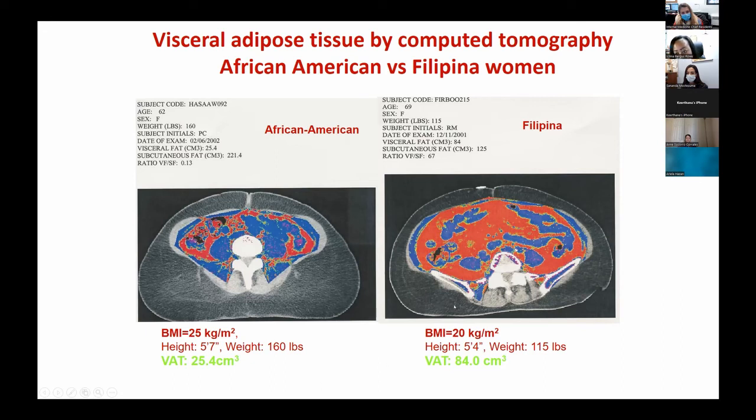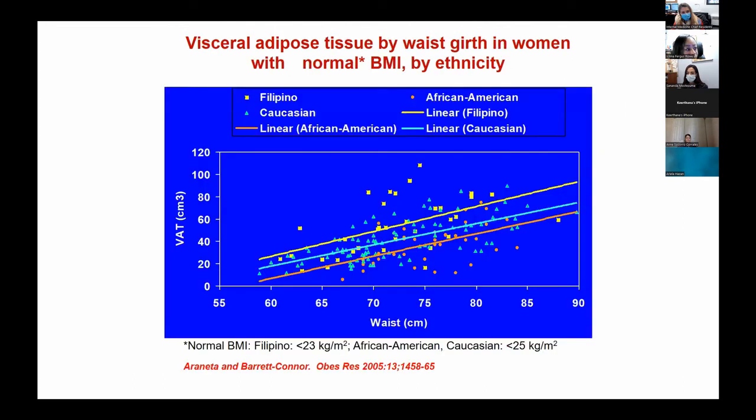And when you look at the 2 women, this Filipino woman tends to show more visceral adipose tissue, at 84 centimeters cubed compared with 25.4 for the African American. So again, no cookie cutter approach. You really need to take a look using the data, but looking at all of your patient populations and figuring out what is higher risk in these groups and managing them. So this next slide actually shows, again, comparing Filipinos, Caucasians, and African Americans with their BMIs and the risk of visceral adipose tissue.